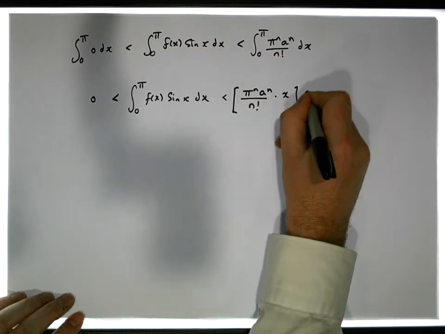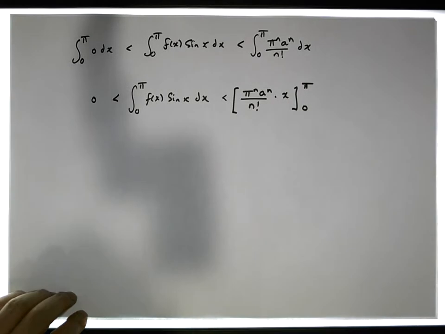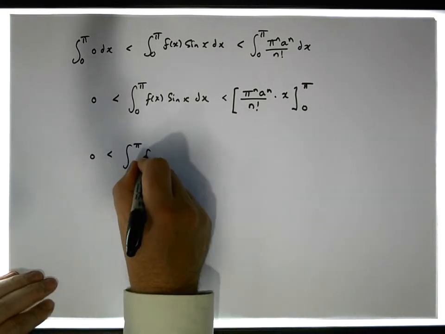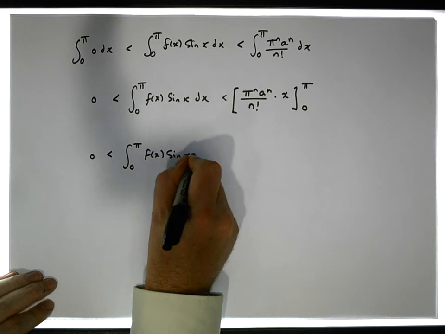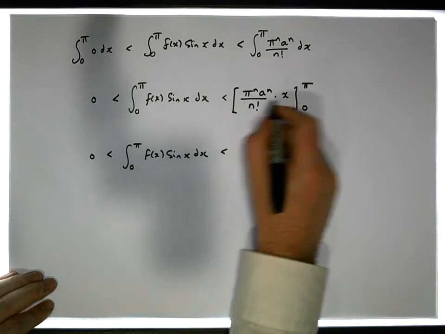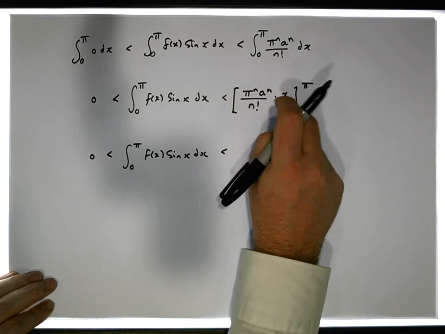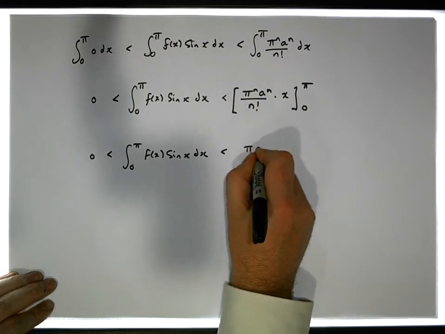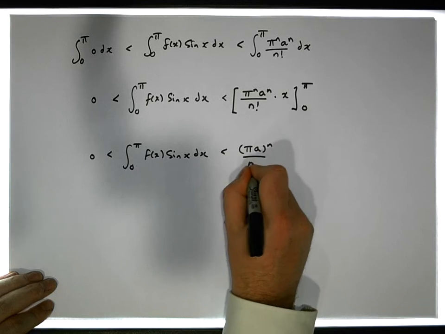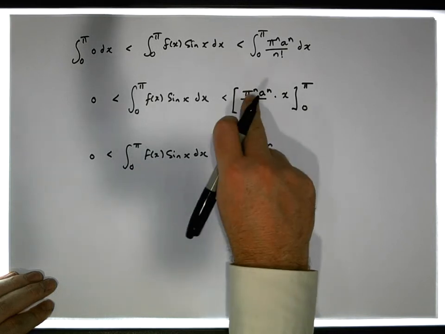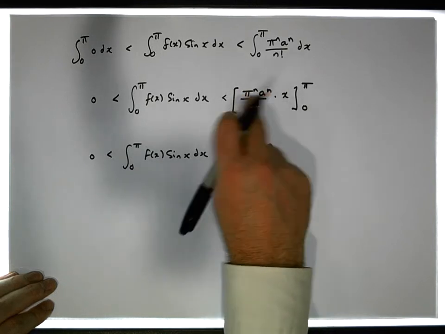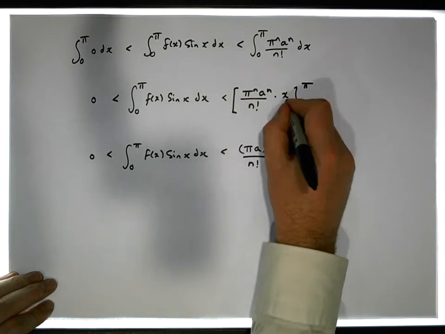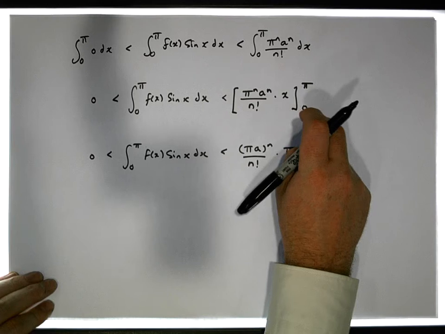So actually this becomes 0 is less than the integral from 0 to pi of f of x sine of x dx, which is less than, when I evaluate that at pi, that gives us pi to the n times a to the n over n factorial. I just took the n out here, we exponentiate across the product of pi and a to give us this, times, now the x becomes pi, so it's times pi. When we put 0 in, the thing falls away, so it gives us this particular inequality here.